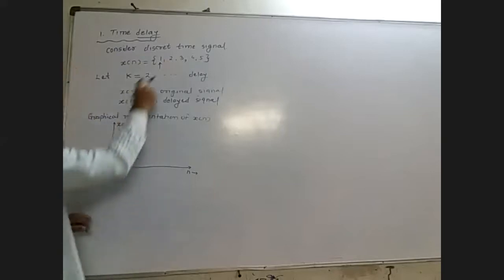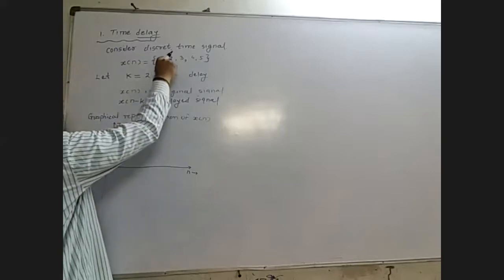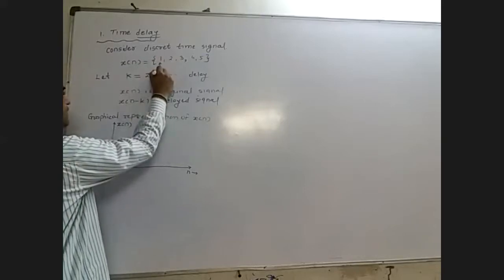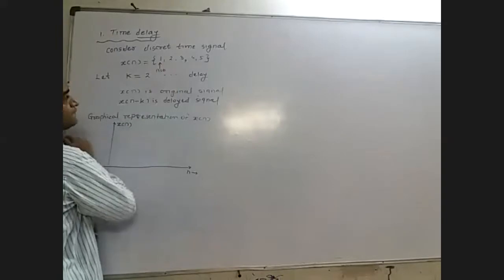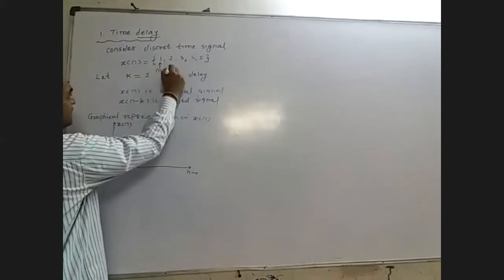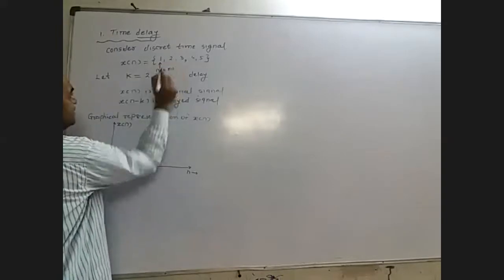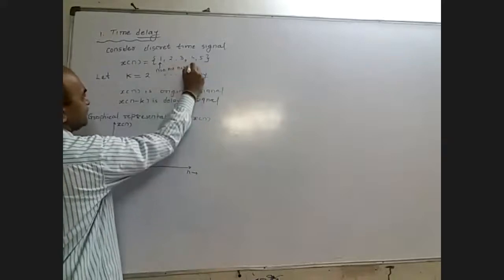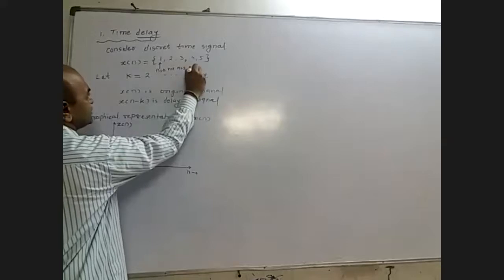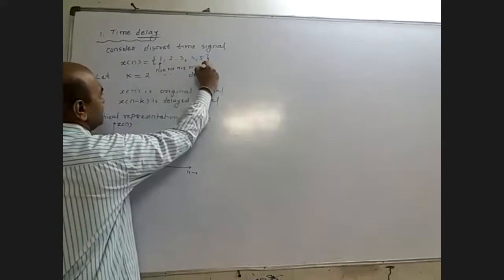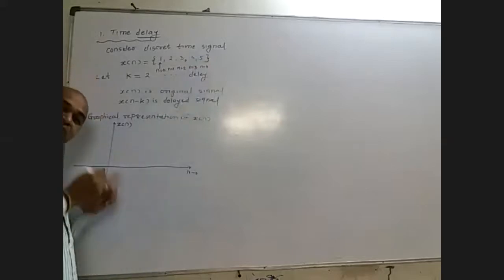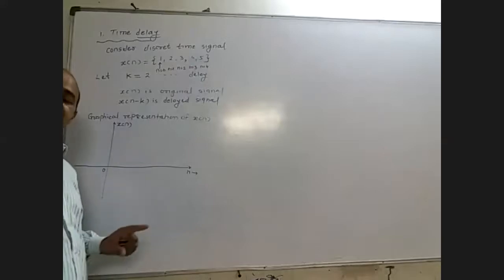So I say the origin point is 1. At this 1, the value of n is 0. Similarly, at 2, the value of n is equal to 1, at 3, n is equal to 2, at 4, n is equal to 3, and at 5, n is equal to 4. Hope you got this. Now we use this convention for drawing the graphical representation.